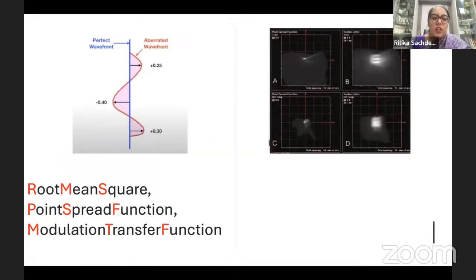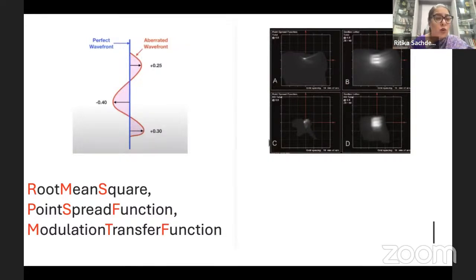When we have to measure aberrations through the Zernike, we still need certain numbers or certain forms to communicate it. Now you see here, you have a perfect wavefront, which is depicted in blue. And if you have aberrations introduced, the waveform will deviate. There'll be a zigzag, right? So that red depicts the aberrated wavefront.